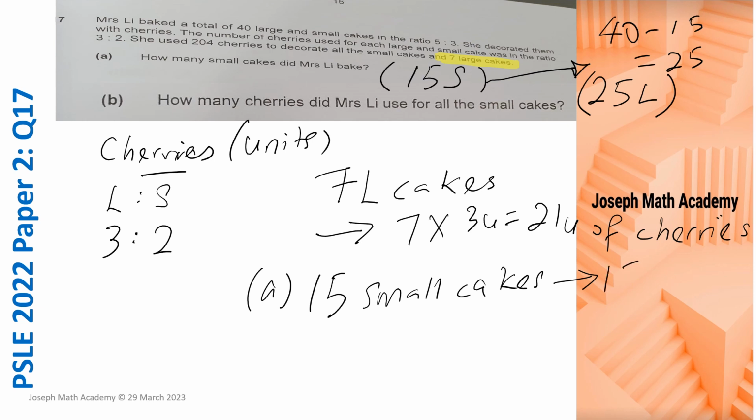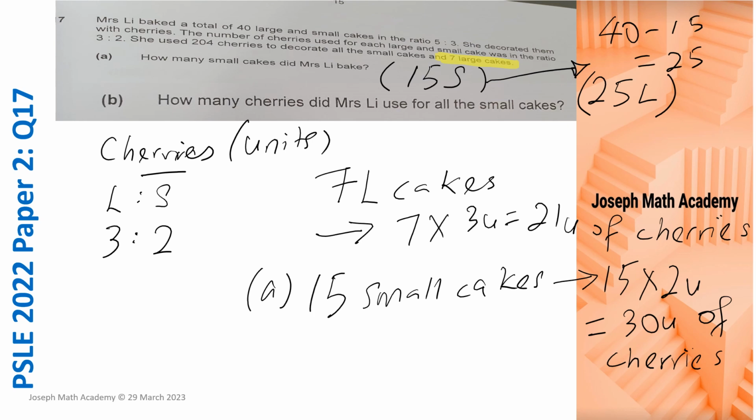Super easy. So 15 times 2 units, that gives us 30 units of cherries. So Mrs. Lee used 30 units of cherries on all the 15 small cakes.